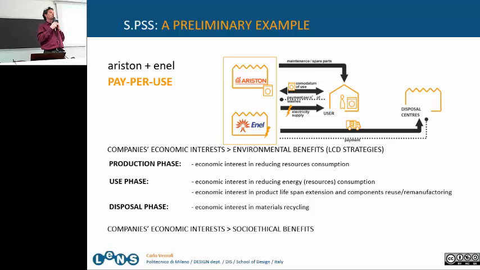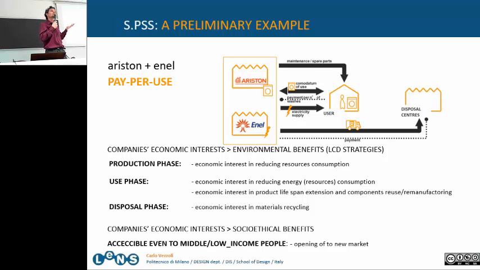Yes, because they extend the access to those services and products even to people that don't have the money, the so-called investment cost to buy the washing machine. They don't have to have that. They pay to wash. This is affordable.